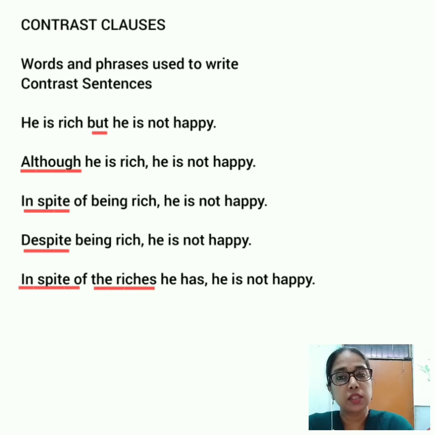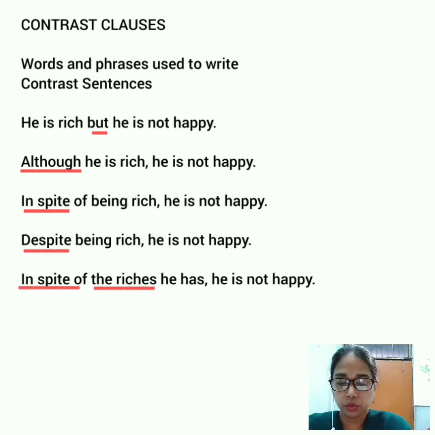Then when you write with despite, you write it in the same manner as you write with in spite. But here there is just one difference, and that is after despite you will not be using the word of. So how will you write? Despite being rich, he is not happy.